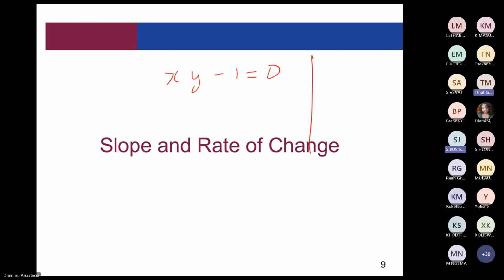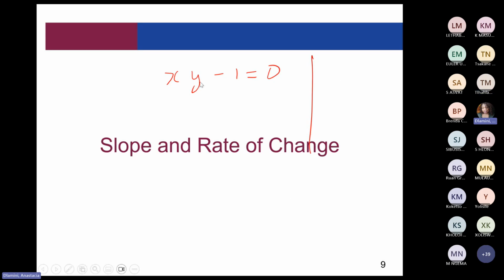If you try to simplify that expression, it's going to be y is equal to 1 over x plus 1. So that 1 over x, the power will be to the power of 1 over x.